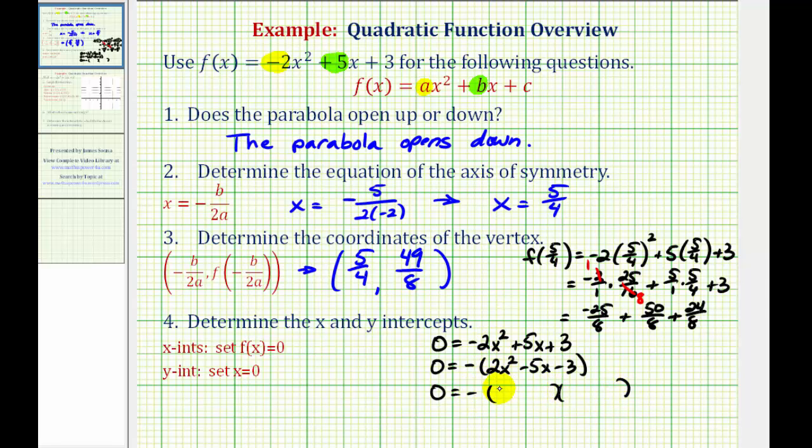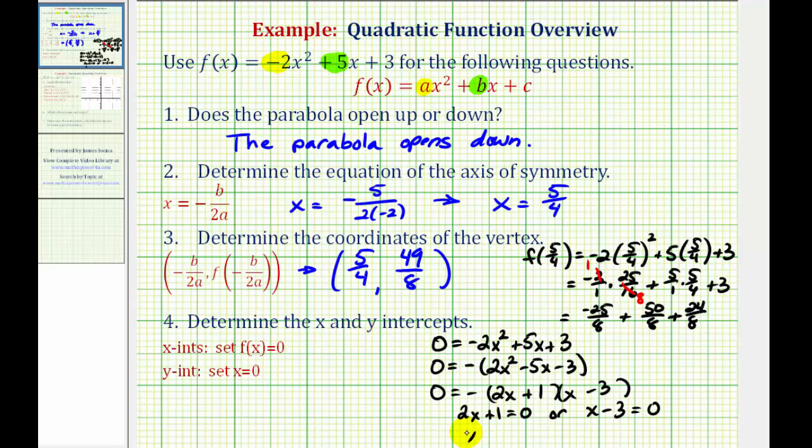Factors of 2x squared would be 2x and x. Now we want to place the factors of negative 3 in here so that the sum of the inner product and outer product would be negative 5x. So we'll put minus 3 here, that's negative 6x. Positive 1 here, plus 1x does equal negative 5x. So this product is equal to 0 when 2x plus 1 equals 0, or when x minus 3 equals 0.